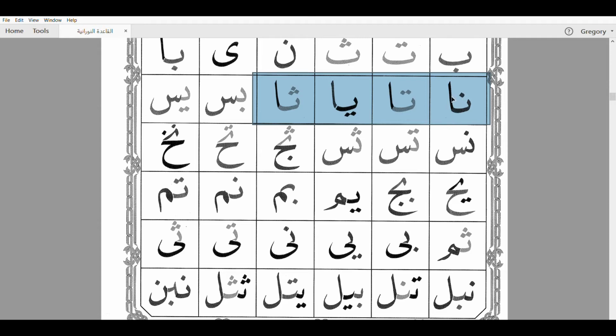Like that one, right? Just like this. You see how it combines like that? This is na. This one? Yep, ta. 2 dots on top. And this one? Yeah, it's ya. And this one? Tha, yep, with the 3 dots on top of the boat.